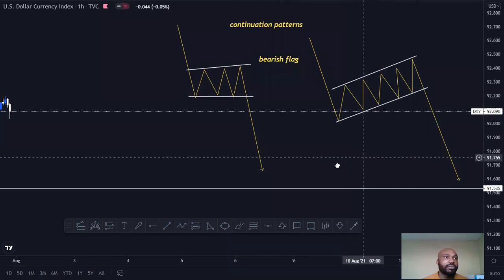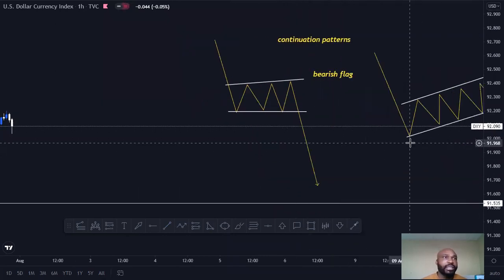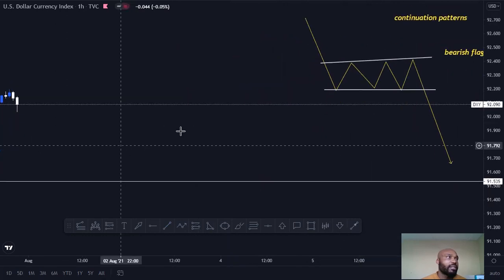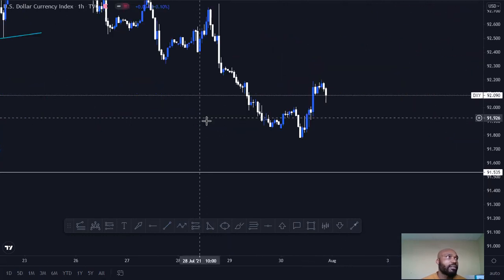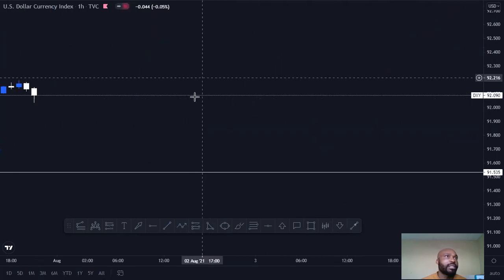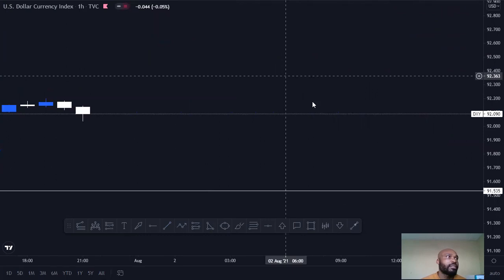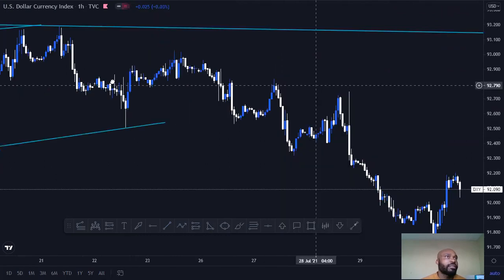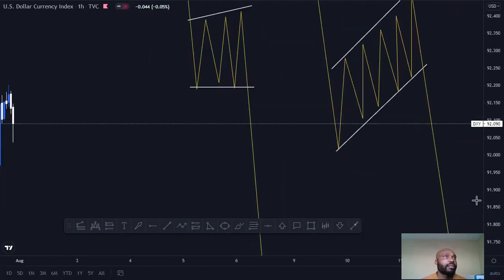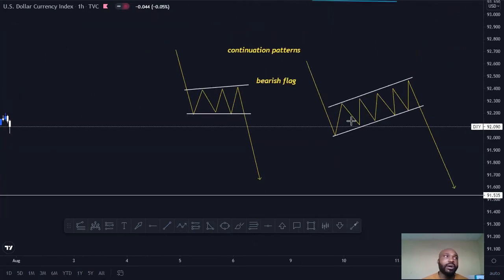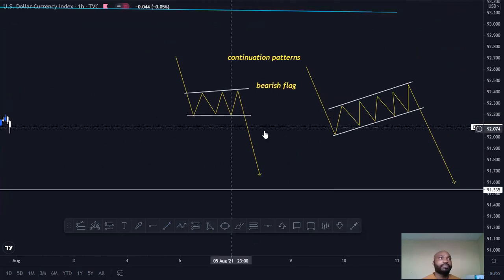With this type of flag, it's the same concept that we did on the bull flags. Where did I take my page? Okay, guys, the same concept we did on the bull flags, the same concept on the bearish flag.